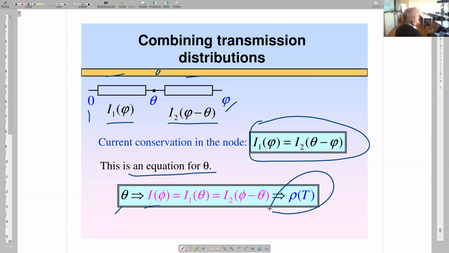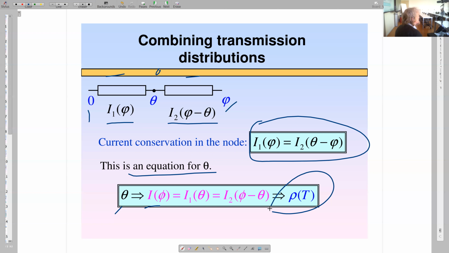Right. I could do it for many connectors in series, right? So then I would just have more variables, more currents to equalize, and I can solve for all these phis. Yeah, in general, it's plenty of equations.